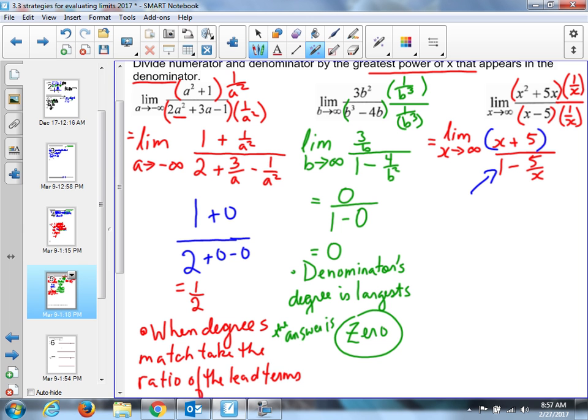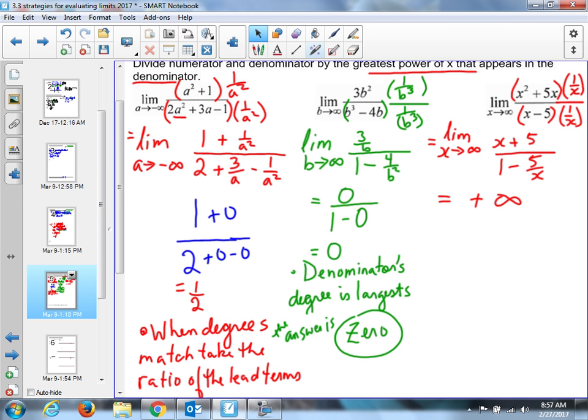The bottom is going to be 1 minus 0. You guys all follow me on that? So infinity over 1, still infinity. Like, remember, infinity isn't a number. I'm sort of talking like it is. It is a huge number. This is going to be positive. It's going to be going up without end.